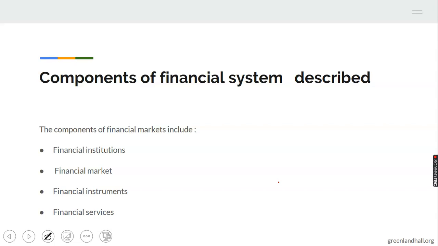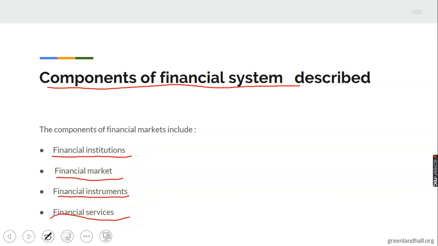What are the components of a financial system? The components of a financial system, those things that are found in a financial system, include the following: 1. Financial institutions, 2. Financial markets, 3. Financial instruments, and 4.